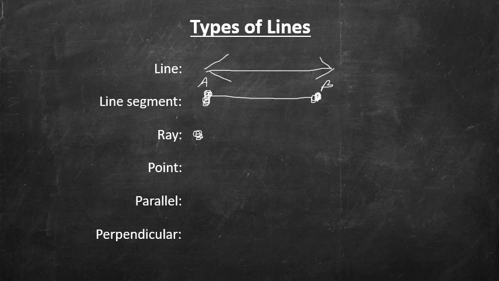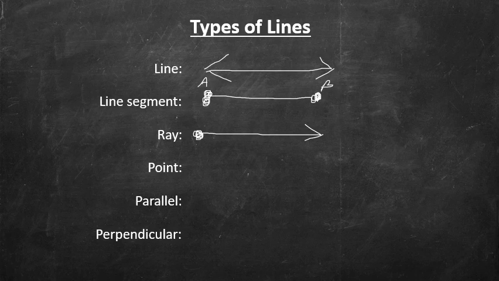A ray starts at a point and it goes on in one direction without stopping. It doesn't matter which direction it goes in. The thing to remember is that it starts at a point and it goes in that direction without stopping. Okay?